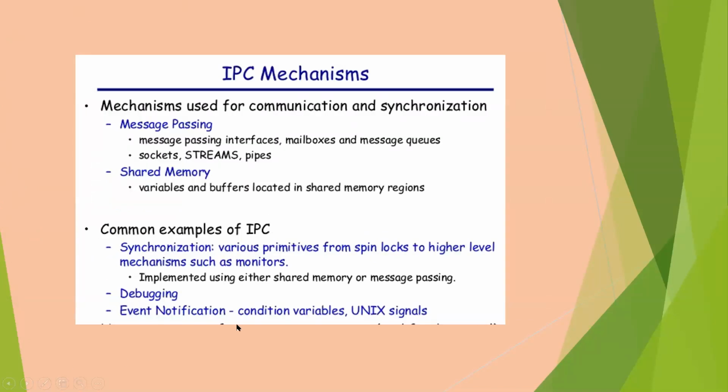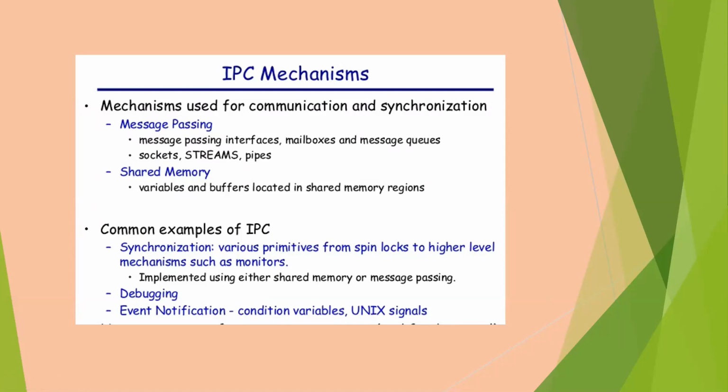IPC mechanism. What is an inter-process mechanism? A mechanism used for communication and synchronization. What is message passing? Message passing interfaces, mailboxes, message queues, sockets, streams. Then we look into shared memory: variables and buffers located in a shared memory region.